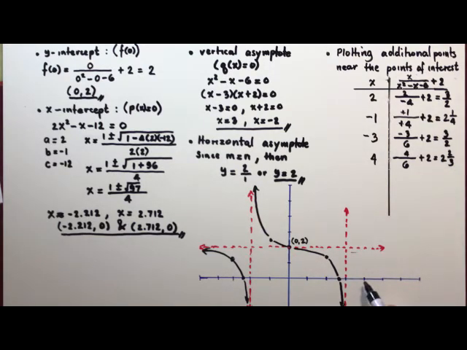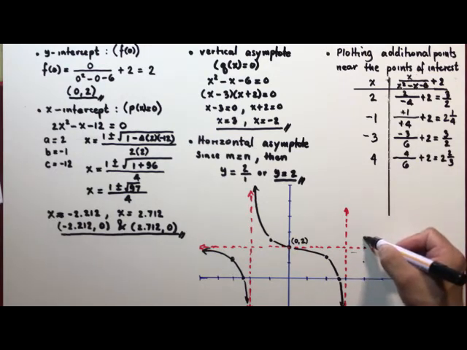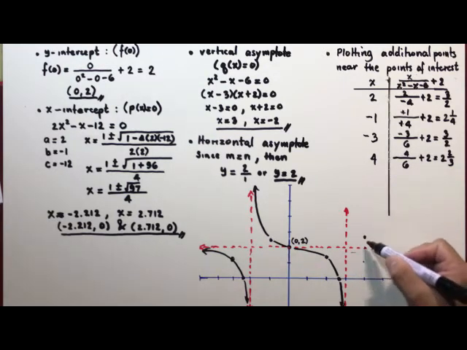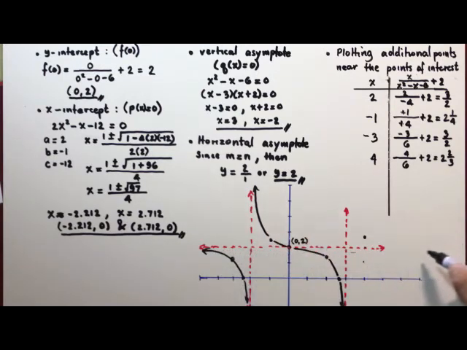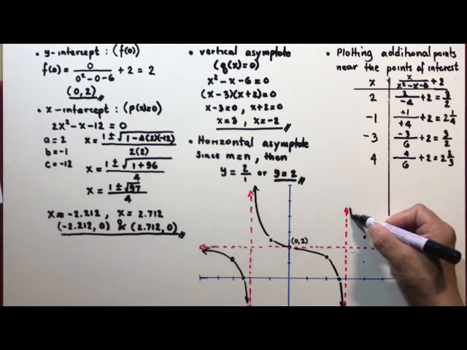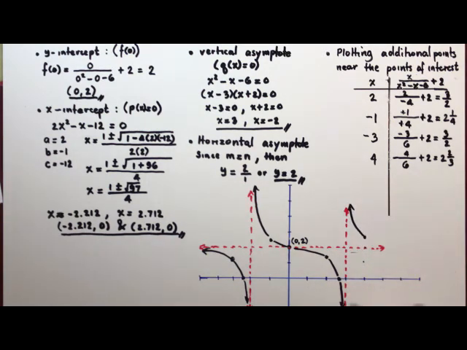So when x is 4, that's 2 and 2/3. So we're sure at this point that the graph is above this horizontal asymptote. So it's approaching this vertical line because this is the vertical asymptote, and approaching this horizontal line y equals 2 because this is our horizontal asymptote.